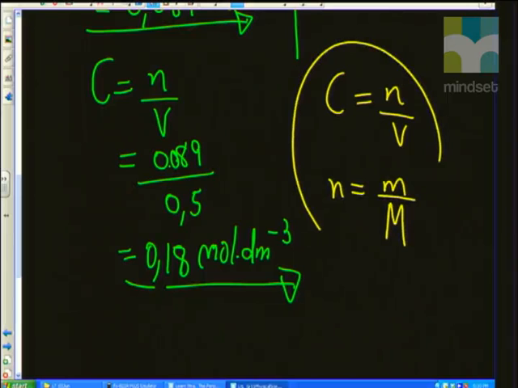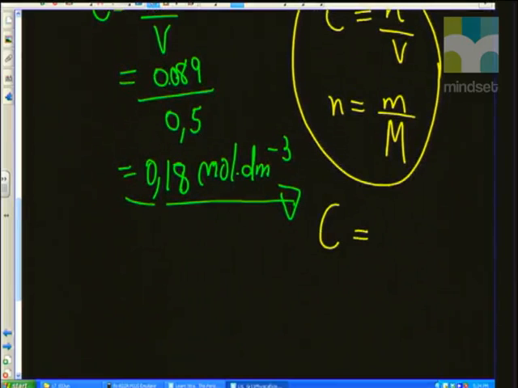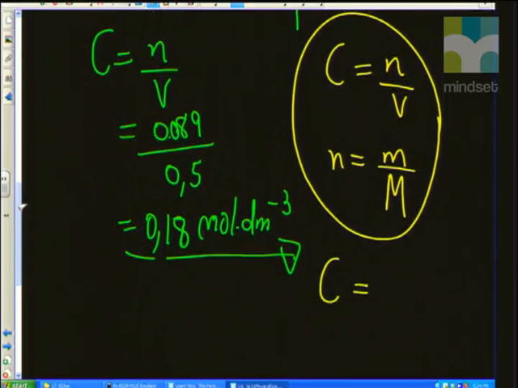If I put these two equations together, so that I have C equals this n here, concentration, this n here is the m over M, all over volume.